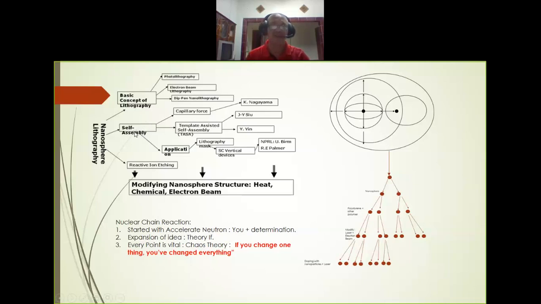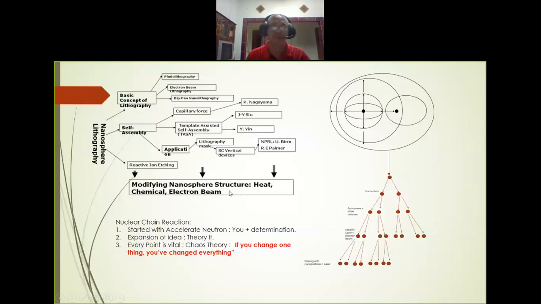Just like assembly, we get the capillary force, and we can see that K. Nagayama is doing more research about capillary force, and the same goes with the other keywords that we specified in looking into our subject of interest.